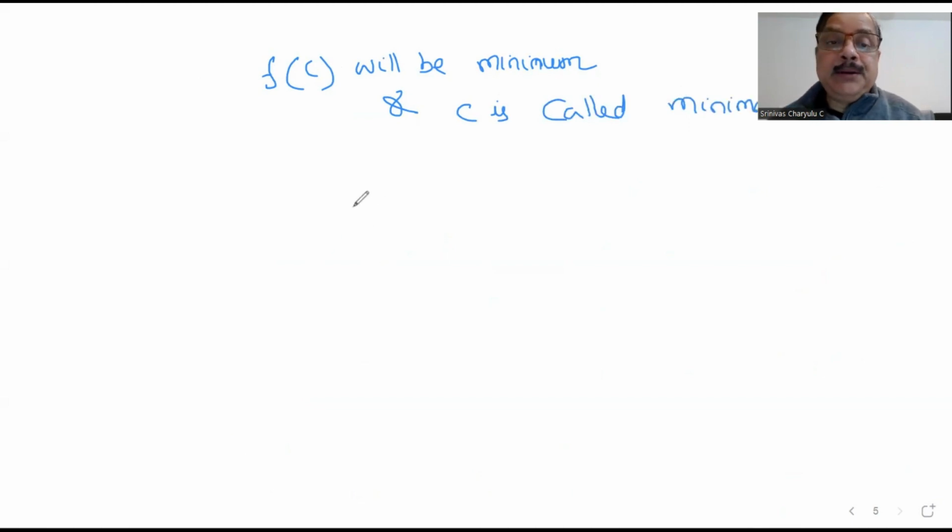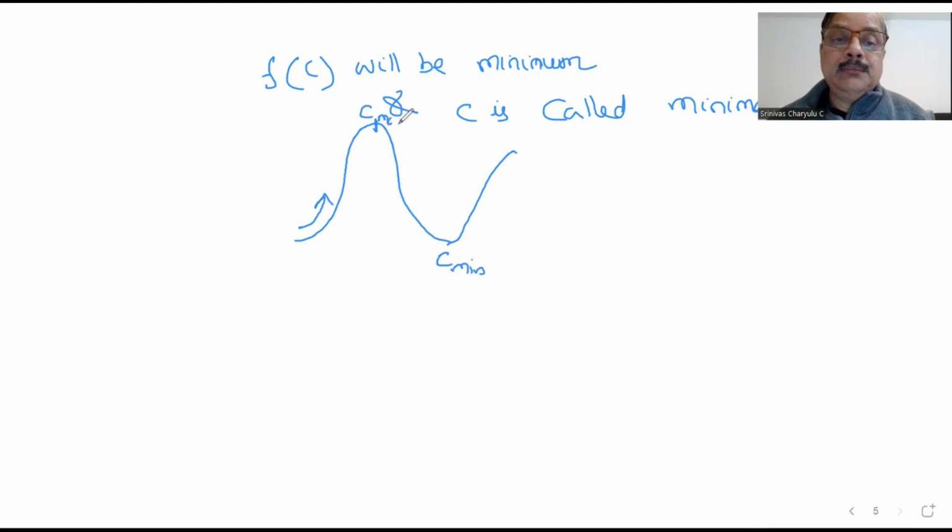So here what is happening is, now I'll draw the full curve for you like this. This is called as c. Let us say I am traveling in this direction. c minima, c maxima.